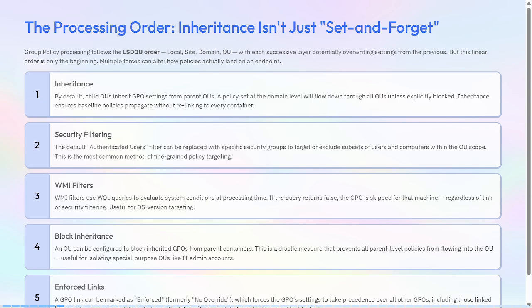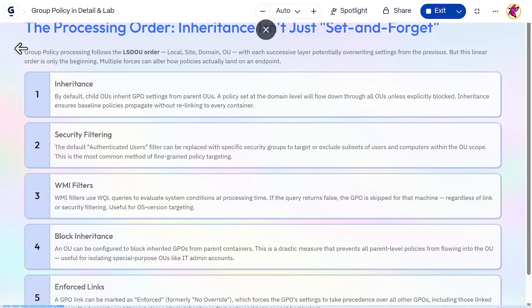So that is the enforce link. And block inheritance means if we apply inheritance, you can block that also. You can isolate your domain and you can apply your own policy. That is the block inheritance.